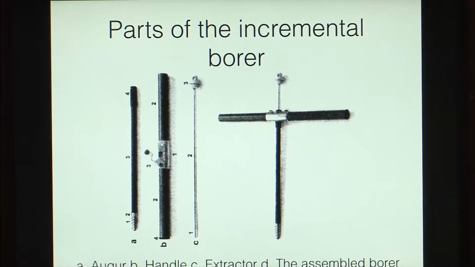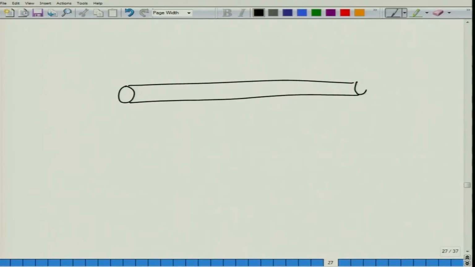So, how does this instrument look? It has a handle which is very much like a cylindrical pipe. So, this is your handle. In this pipe we have a hole here and a hole here, on which we fix the auger.